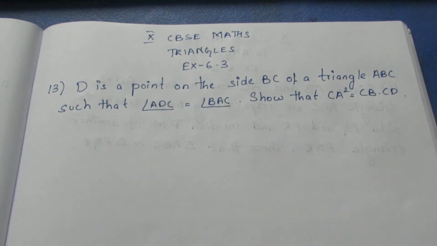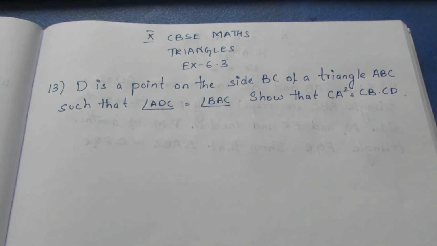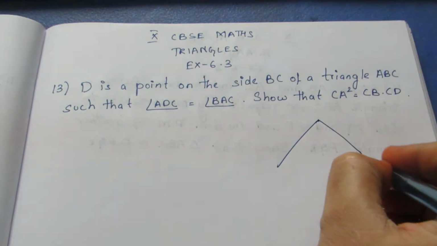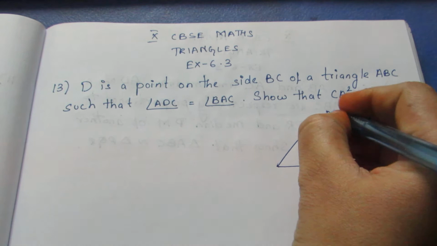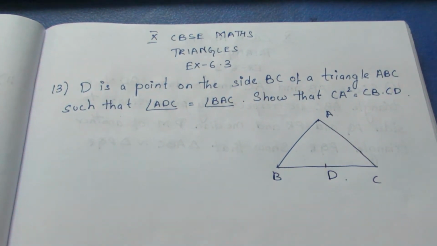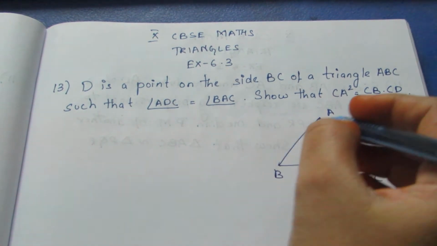Today we are going to see 10 CBSE Maths Triangle exercise 6.3, sum 13. Let's see the question. D is a point on the side BC of a triangle ABC. So let me draw a triangle ABC. D is a point on the side such that ADC equals BAC.